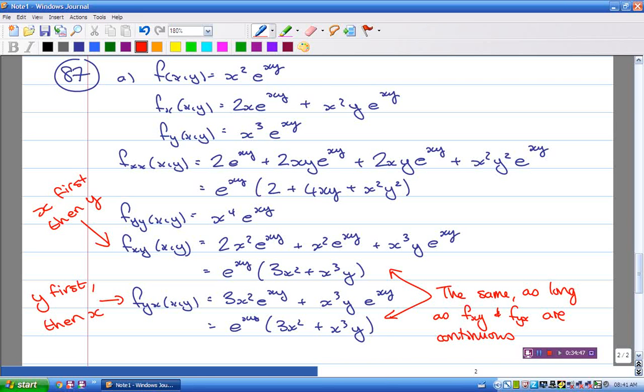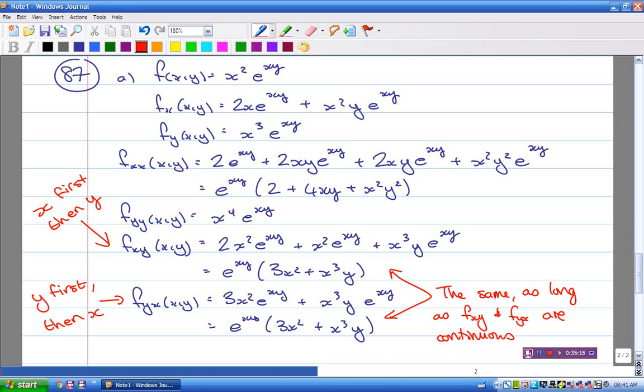And then similar story for the y derivative. I took my first derivative with respect to y, differentiated it with respect to y again. It was the simplest of all of them. Then these two that are at the bottom, the xy, I took my x derivative and differentiated it with respect to y. And then this one at the bottom here, I took my y derivative and differentiated it with respect to x.